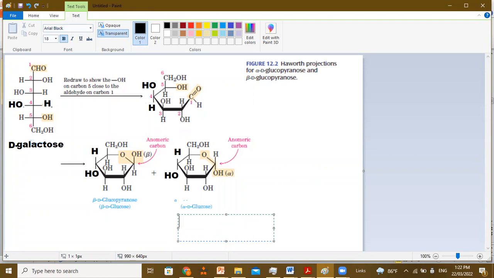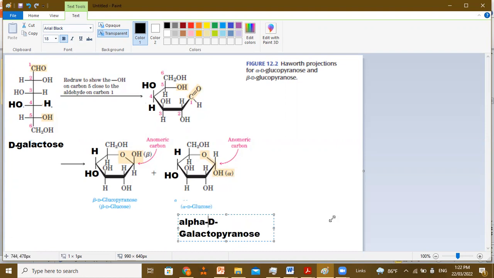So you start with pyranose, but what kind of pyranose is this? This is galactose, so you have galacto, and it's pyranose, and since this is a D form, you have D-galactopyranose, and since this is a down OH, you have alpha-D-galactopyranose.